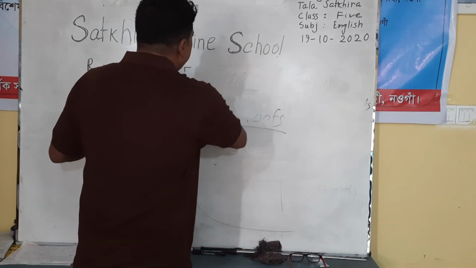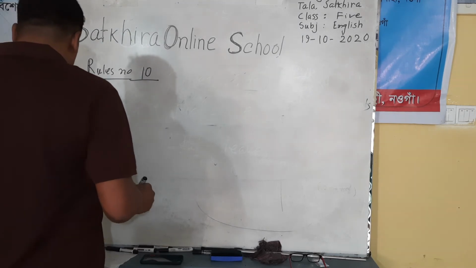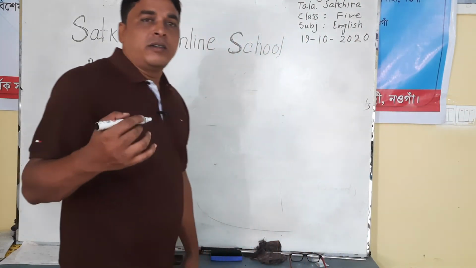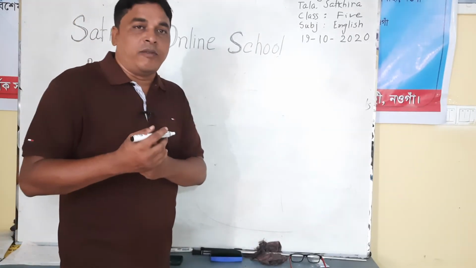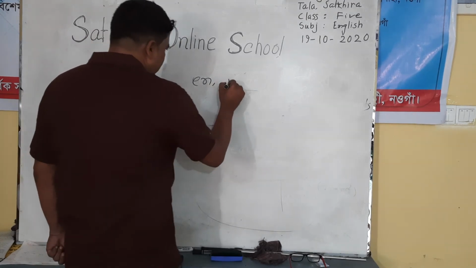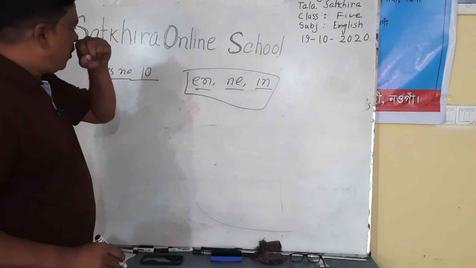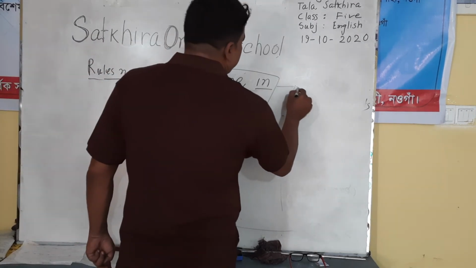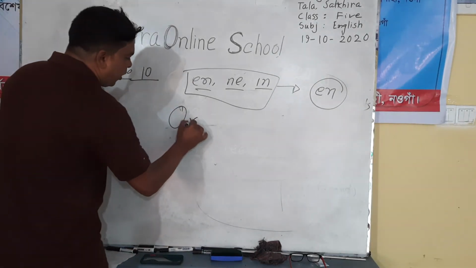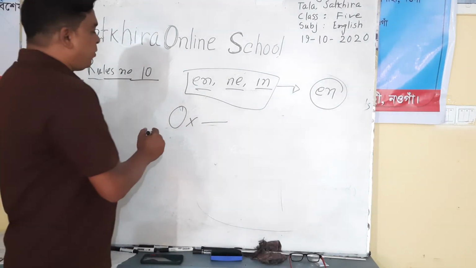Another rule, rule number 10. For some common words in the singular, the letters at the end will be like EN, ANY, or IN. If we see this type of letters at the end of the word, then we can make it plural by adding EN, like works.